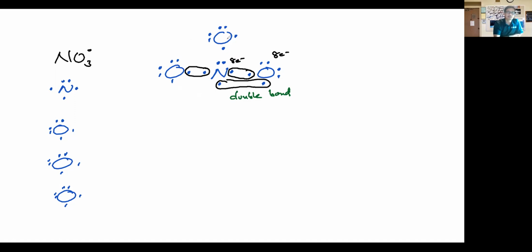Now let's imagine what happens here, similar to what you saw with sulfur dioxide. Let's imagine a coordinate covalent bond forms right here, so that none of the electrons from the oxygen are used up at all. And then we have this bond formed right there, and that's going to be a single bond.